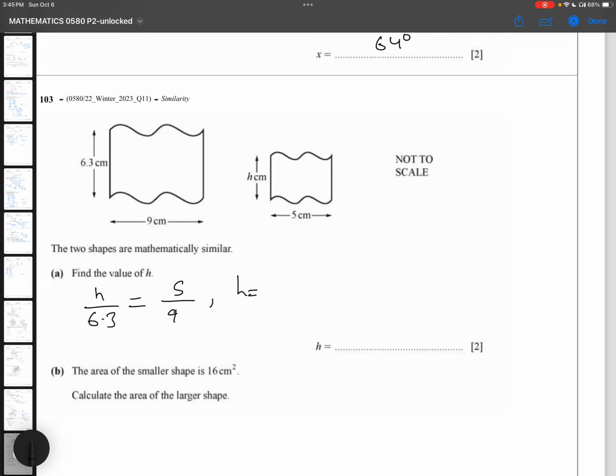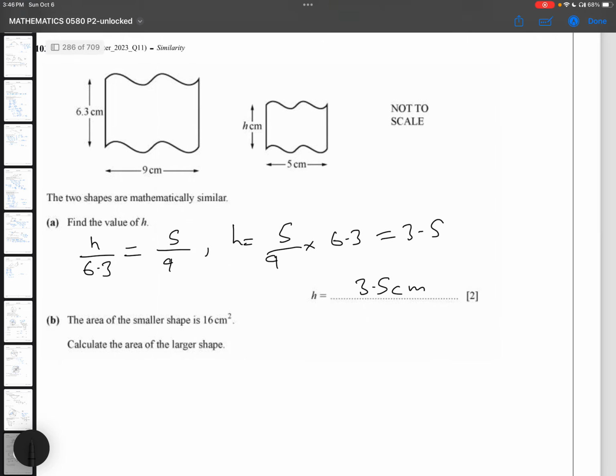So h will be equal to 5 upon 9 multiplied by 6.3. 6.3 was being divided, so I multiplied it on the other side of the equation. 5 multiplied by 6.3 divided by 9 gives me 3.5. So this is the height, 3.5 centimeters.